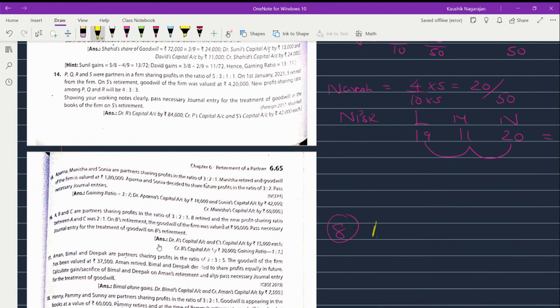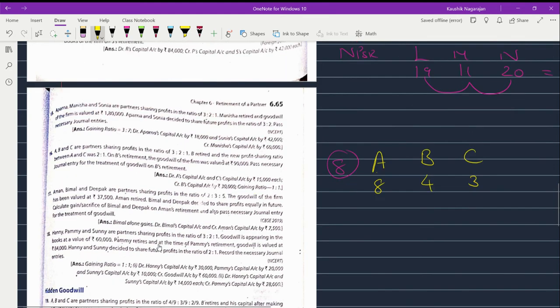So A, B, and C were partners. The profit sharing ratio given in the question is 8 is to 4 is to 3. So 8, 4, 3. When you add this, you will be getting 8 plus 4, 12, 12 plus 3 is 15. So 8 by 15, 4 by 15, and 3 by 15.